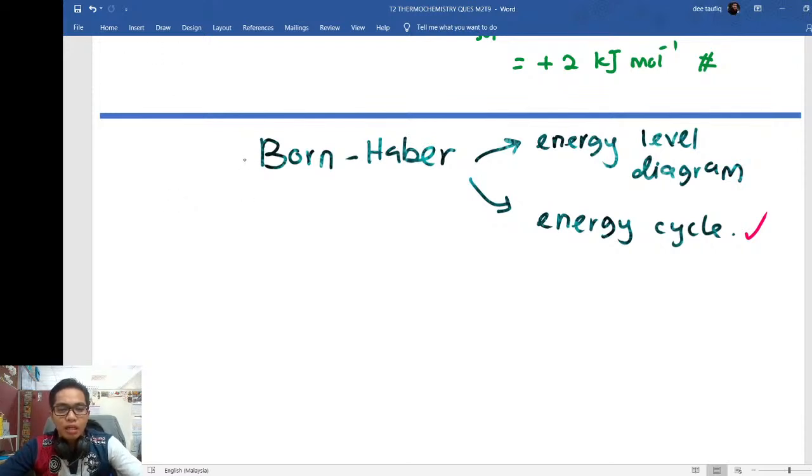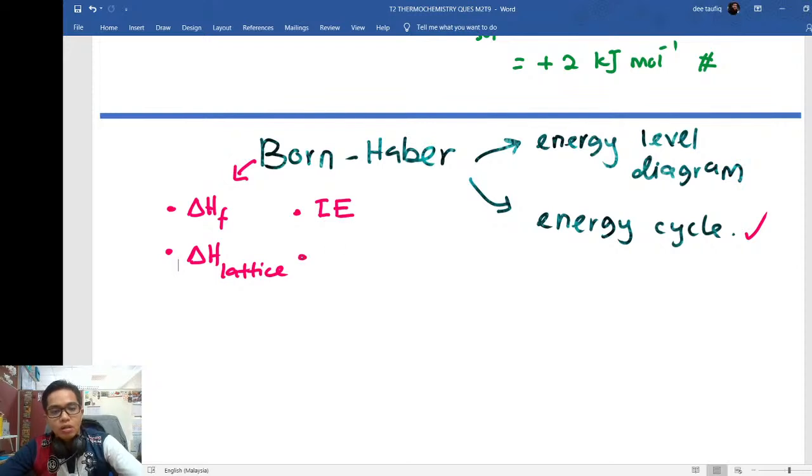Then Born-Haber dia akan involve quite a lot of enthalpy. Normally it will involve enthalpy of formation, lattice energy, what else? It will also involve ionization energy, electron affinity.